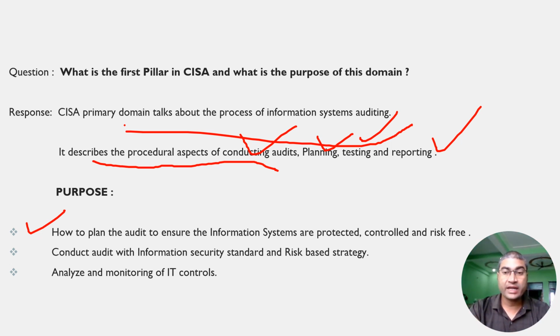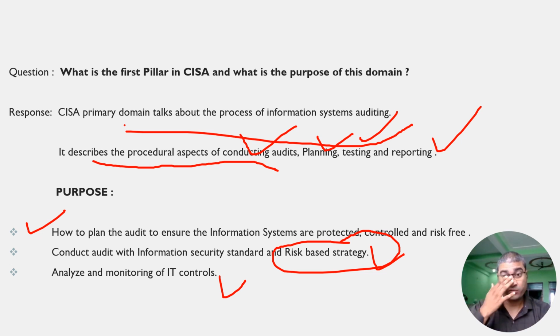The second is internal organization based. Generally we do the audit based on the risk type, so we generally use a risk-based strategy. Third is analysis and monitoring of IT controls. How can we analyze and monitor IT controls? This is the third point in CISA.